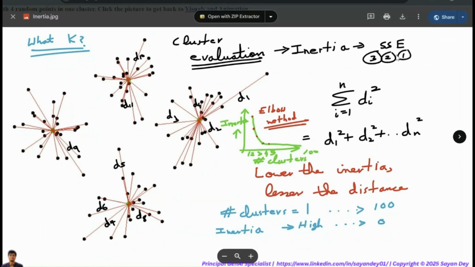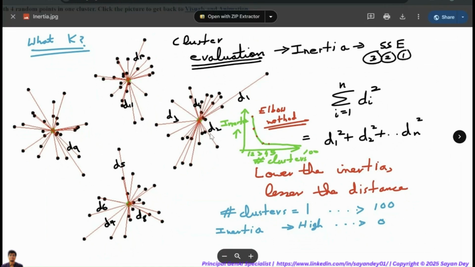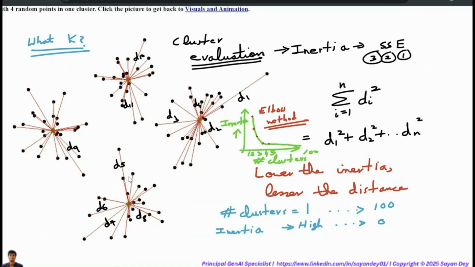Okay, so when you do clustering, let's say this is the distribution of data points I have right now, and you find out the centroid. Let's say I did k equal to 4 as an example. This is just to explain to you how clustering is happening.